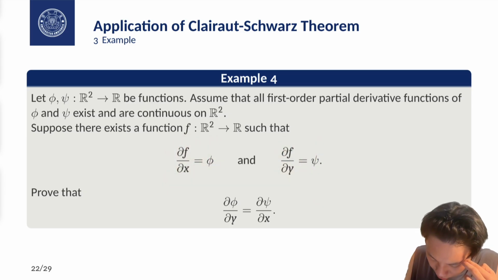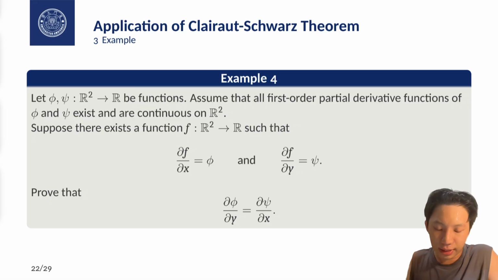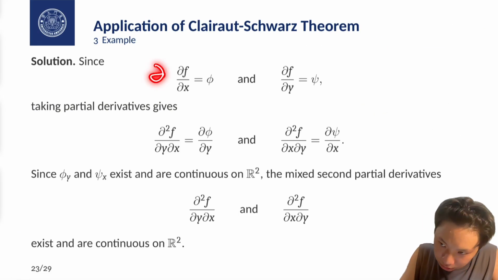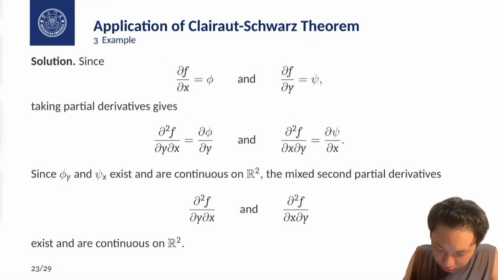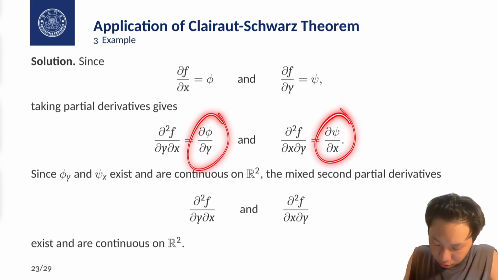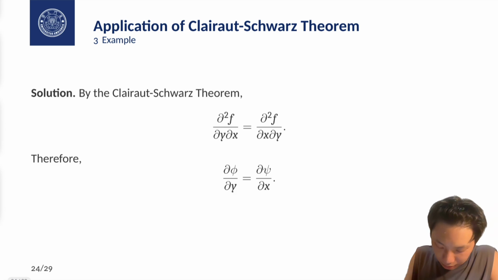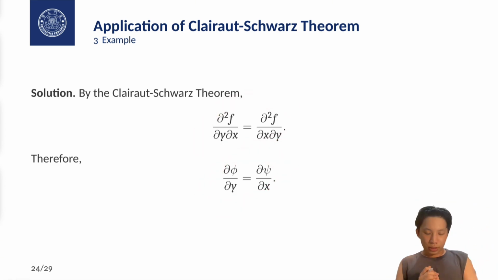We want to show this equation is true. Actually this question is very easy, because if we take the partial derivative on both sides, we can get this result. By our assumption, this is continuous, this is continuous, so this is continuous. And by the cross-partial theorem, this will be equal and this will be equal. So this completes our example.